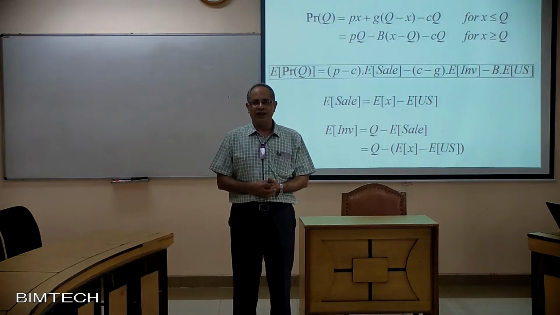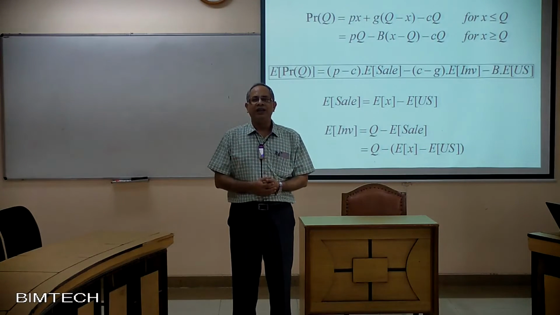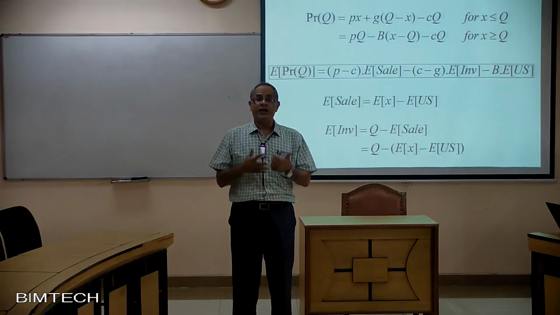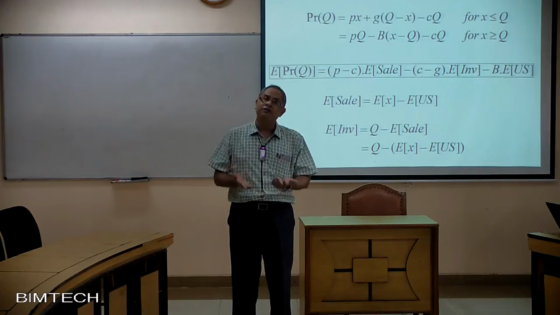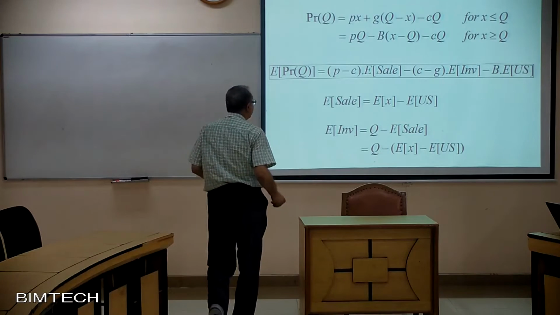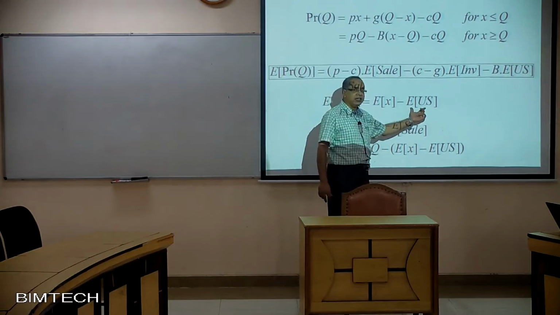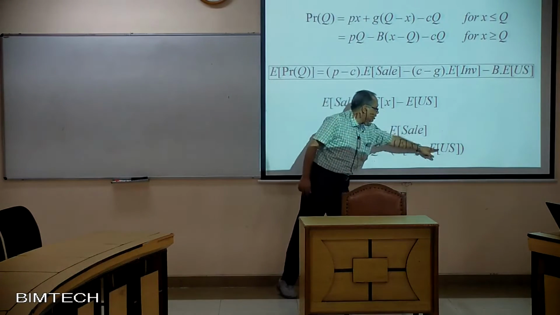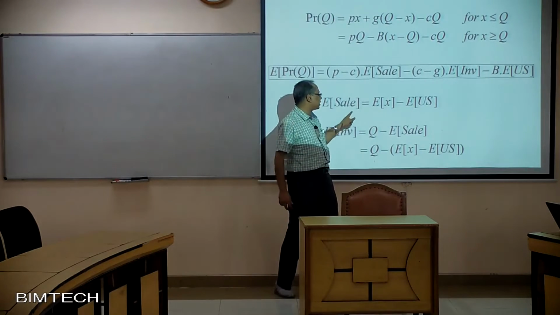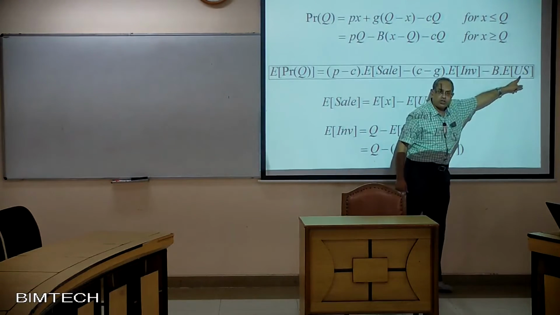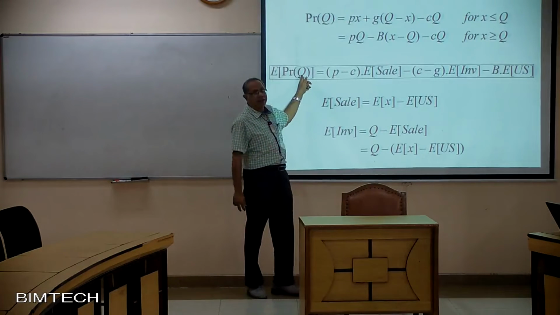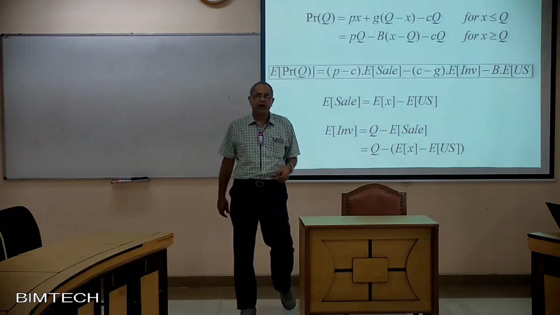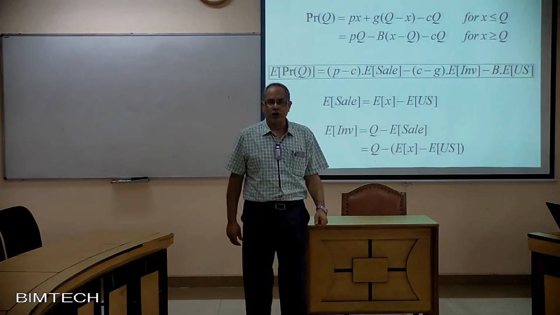In our NFL jersey case, for example, you might remember that the average demand was 32,000 units. So that is our expected demand. The only thing we have to calculate or estimate is the expected units short, because expected units short occurs in expected sale, and it also occurs directly in the profit equation. So therefore, we need to find out the expected units short.